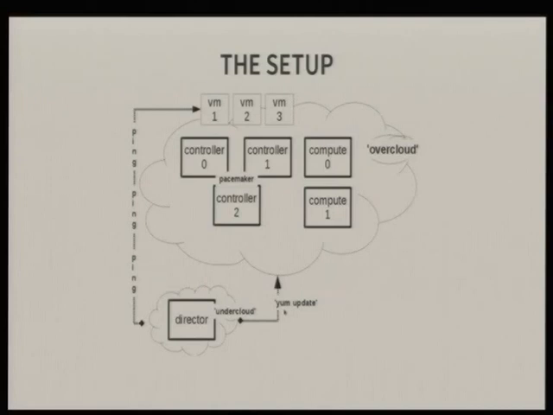And the expectation is that there is very little downtime for end user VMs. In practice, from our dev setup and our testing, it was in the order of about 10 seconds. You would lose like 2 or 3 pings while you're pinging the tenant VMs, and this is while the updates are happening, which we think is acceptable.